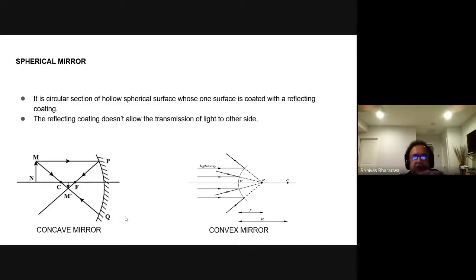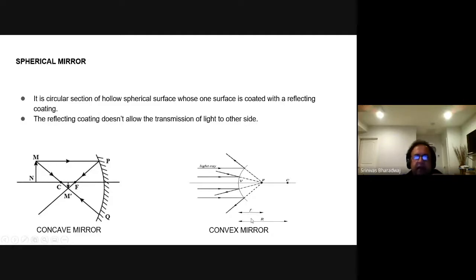And so this is a spherical mirror. F is called the focal point of this spherical mirror, and this distance FO is usually denoted by little f.